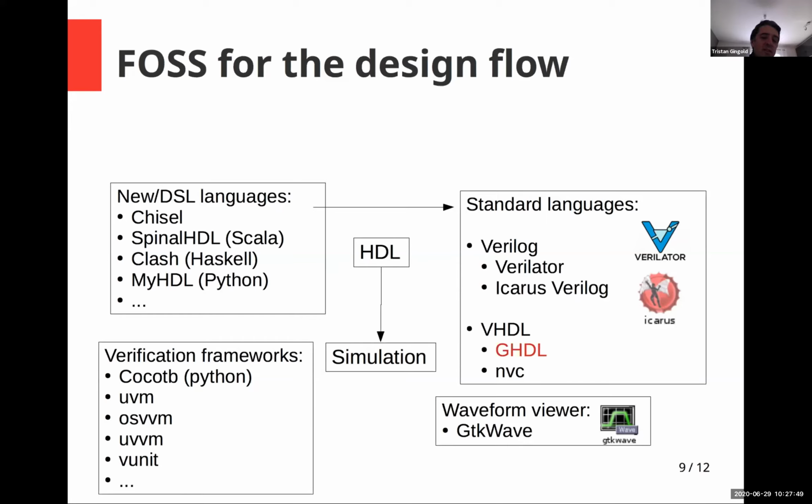So you write your verification in Python, and CocoTB provides an API to interface with your design written in VHDL or Verilog. I would say that verification frameworks are something that is widely used in the FOSS community.